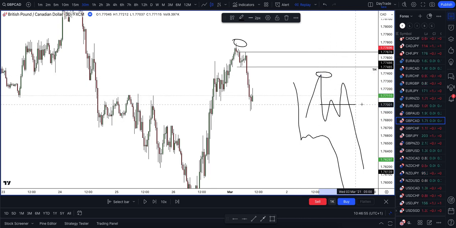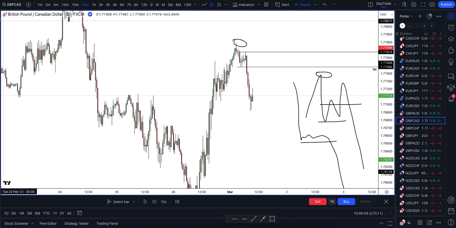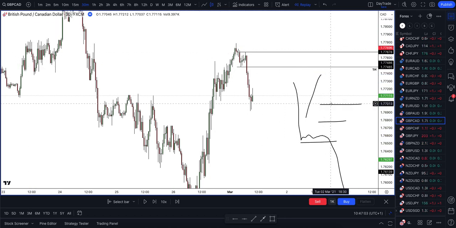So we want it to be lower down, like in here. So that again isn't the cleanest of zones. It's all about detail.